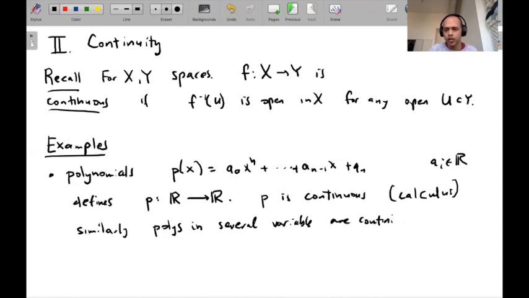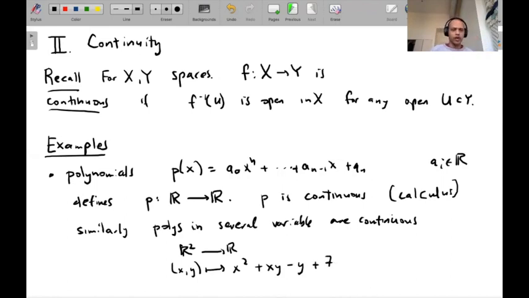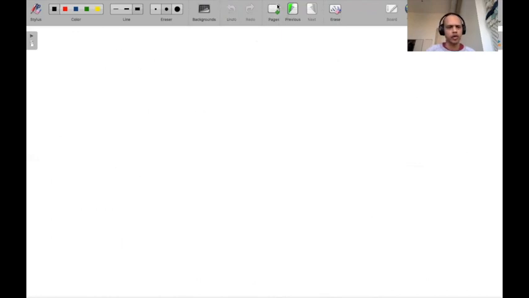So for example, something like R squared to R, (x, y) maps to, I don't know, x squared plus xy minus y plus 7 or something. So we have this example that's hopefully familiar.